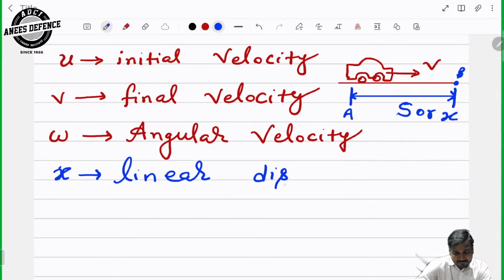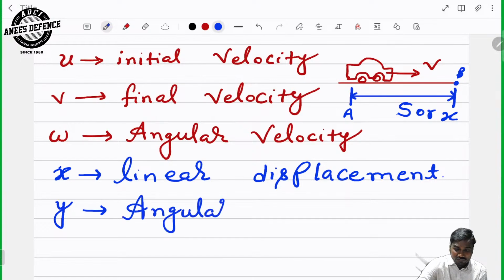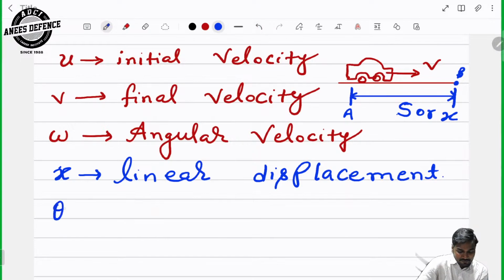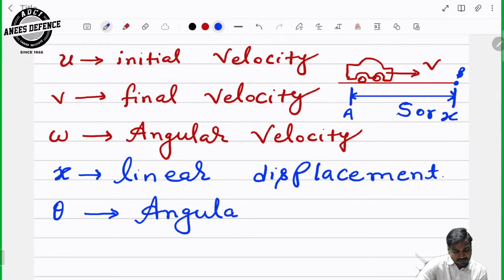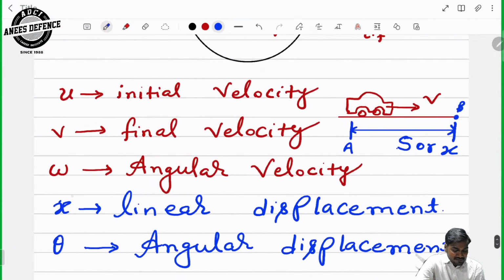And theta is angular displacement. Understood? So just remember these symbols.